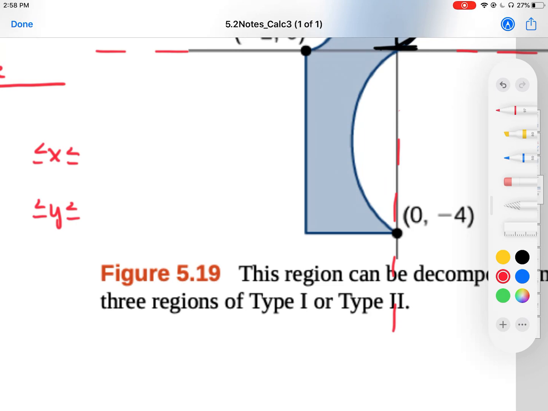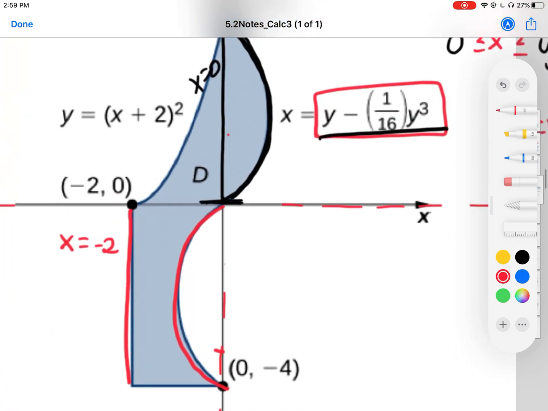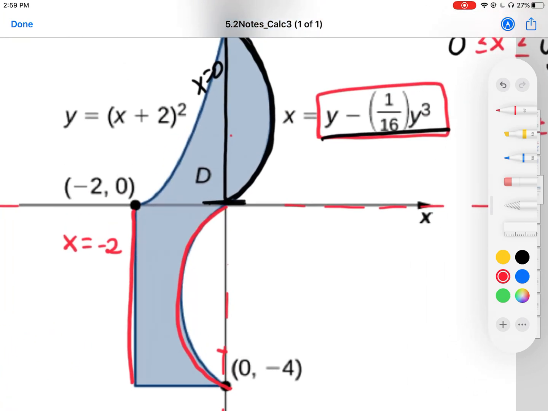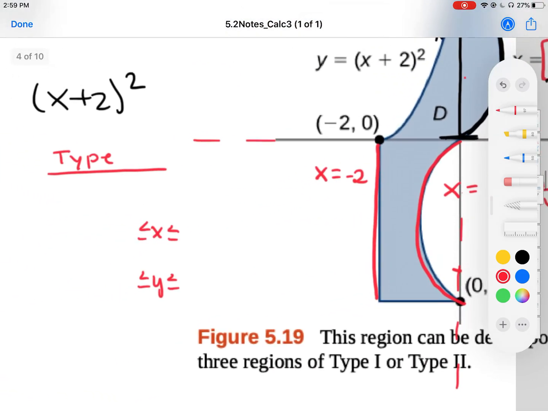Also, I see I'm going to have to enclose it within this line and this function. This line is the vertical line x equals negative 2. But what is this other line? Well, it comes from this function here. So x is equal to y minus 1 over 16 times y cubed. So because it's in terms of y, type 2 would be best.